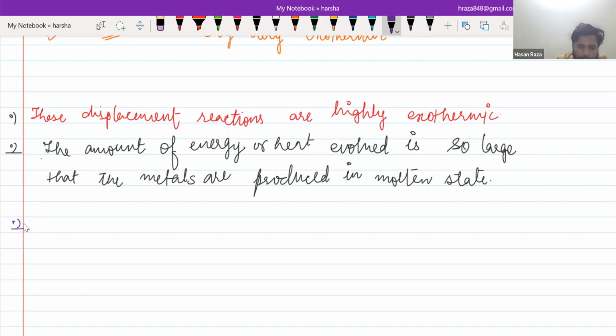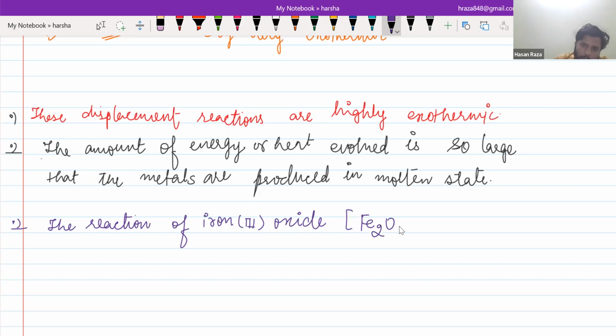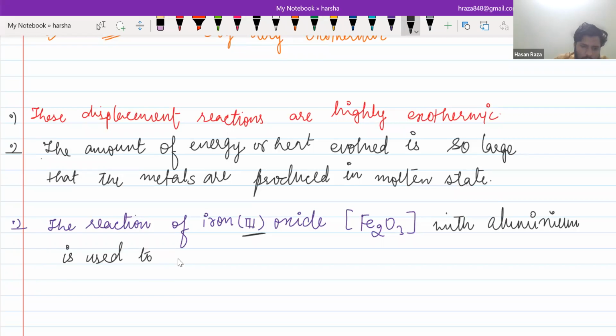Next point, which is very important: the reaction of iron 3 oxide, that means basically the formula is Fe2O3, I will explain why the Roman numeral 3 is written here, with aluminium is used to join railway tracks or cracked machine parts.